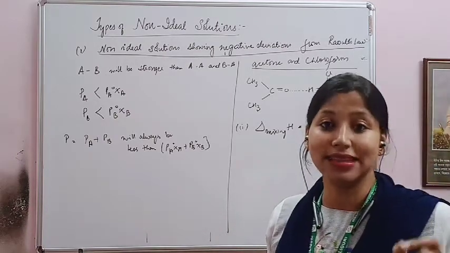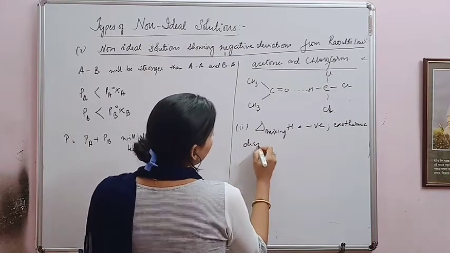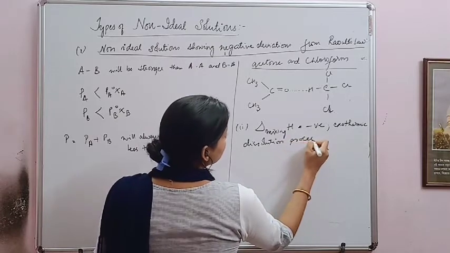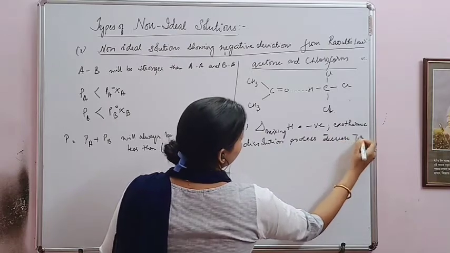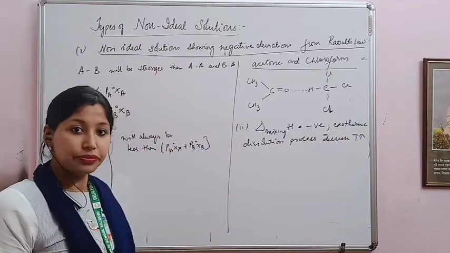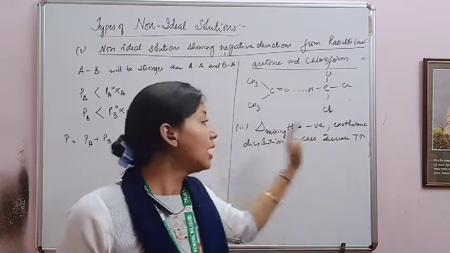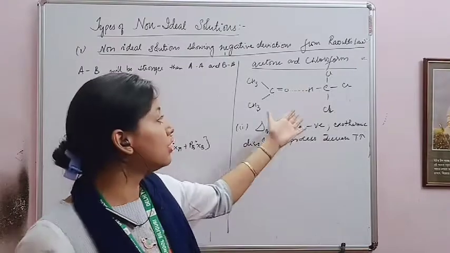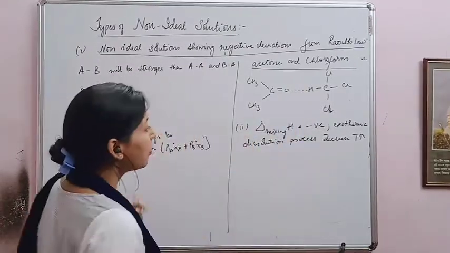If the process is exothermic, we must remember, following Le Chatelier's principle, the dissolution process will decrease with rising temperature. That means the more you increase the temperature, the solubility will decrease. That was the second point.